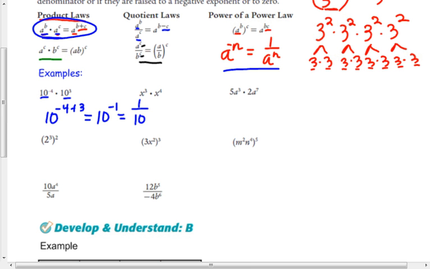I'm going to do this one next. This is an example of using the power of a power law, where you have an exponent and you're going to take that exponent to a higher power. So this rule says that, notice I'm BC means B times C. I'm just multiplying these two.